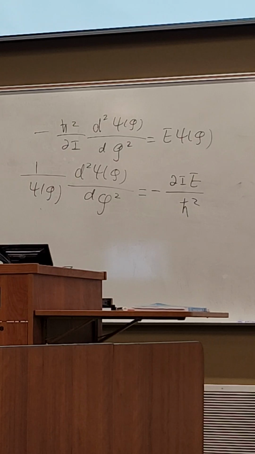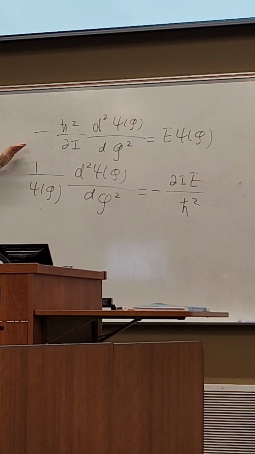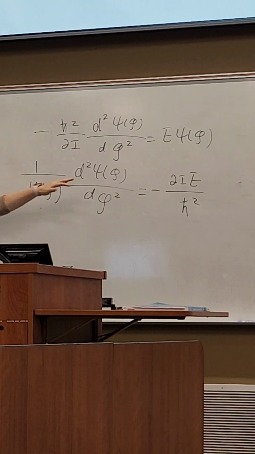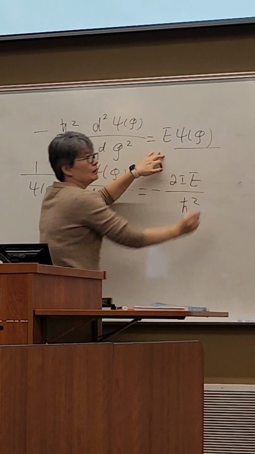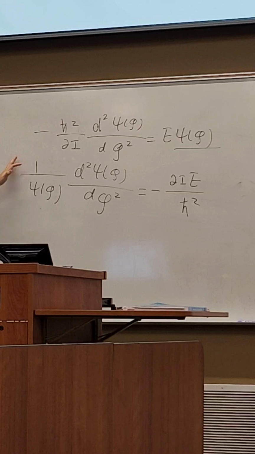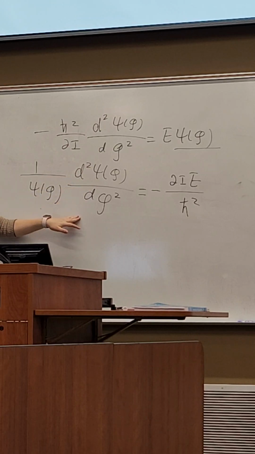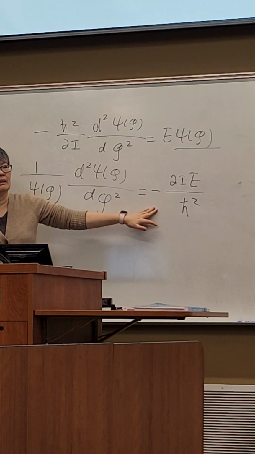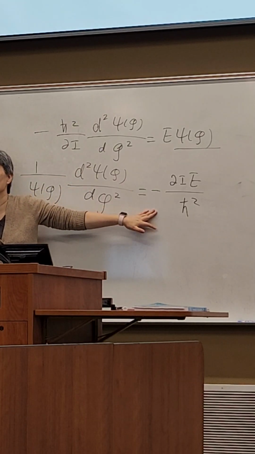So this is from the rotation on the two-dimension Schrodinger equation. I divide this expression by the wave function on both sides. That's why you have 1 over the wave function, and your second order derivative with respect to this, and that is what you have. Are you guys going to be okay?